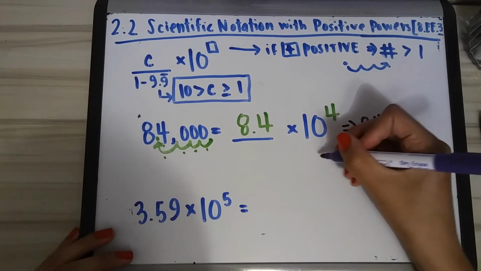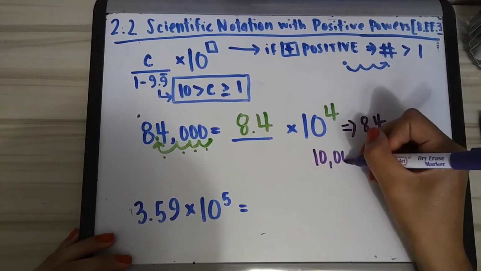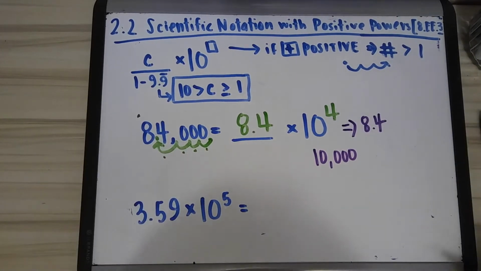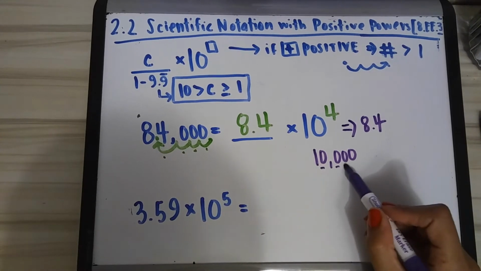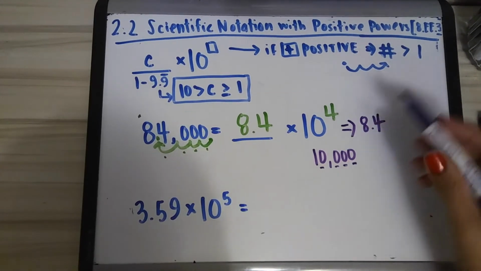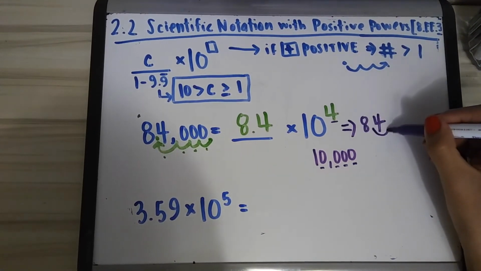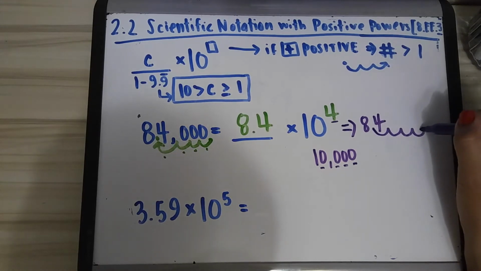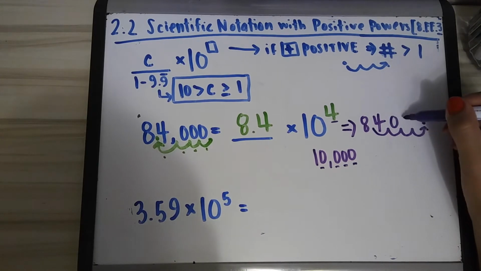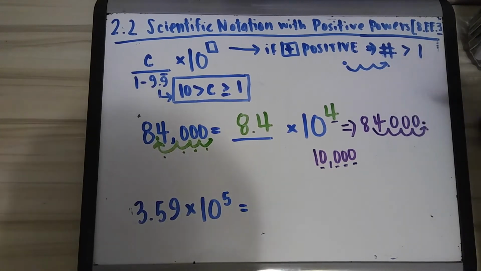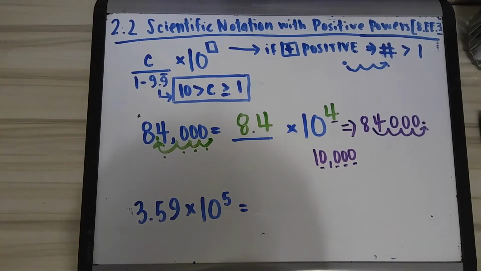That means that I'm multiplying by this number, correct? And remember, we know there's a pattern when we multiply by a base of 10. We move our decimal place to the right that many places. So I'm going to move it 4 places: 1, 2, 3, 4. So the new location for my decimal point is right there. Now what I do right here is use my zeros to fill in those spaces.